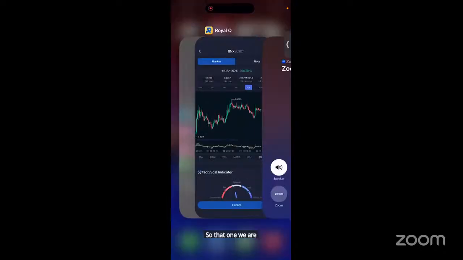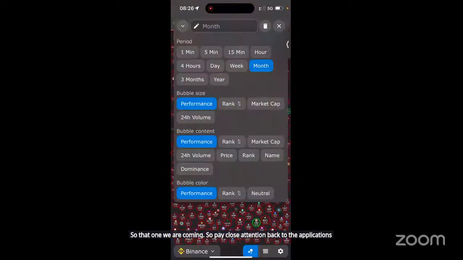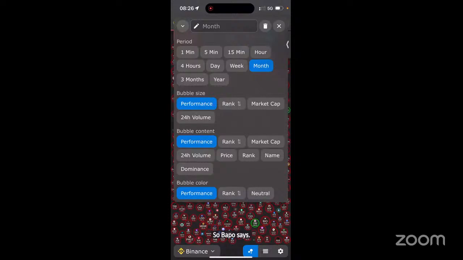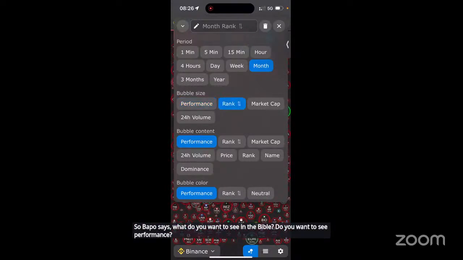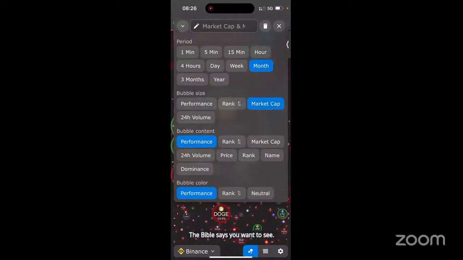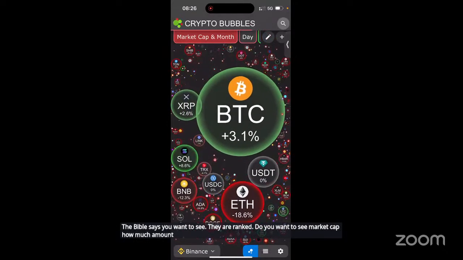So that one we are coming to, so pay close attention. Back to the applications, and I want to finish them. So bubble size: what do you want to see in the bubble? Do you want to see performance? Do you want to see rank? Do you want to see market cap, how much money is in each coin?